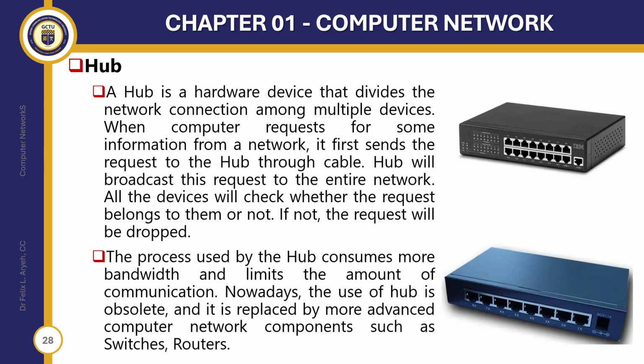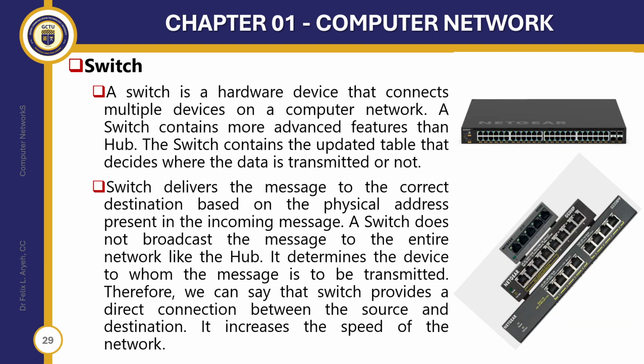Now, I spoke about what a hub and a switch are. This is an example of what a hub is. Then this is an example of what a switch is. Usually the hub and the switch look so much alike, but there are differences between them. The last time I said the hubs are less intelligent compared to the switches.